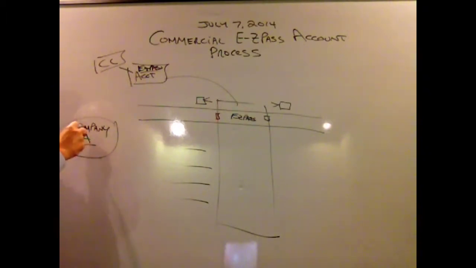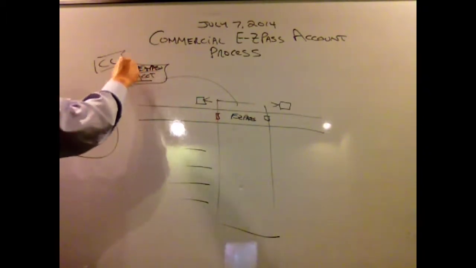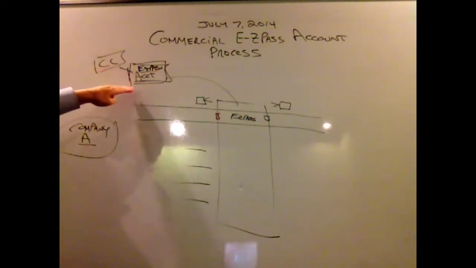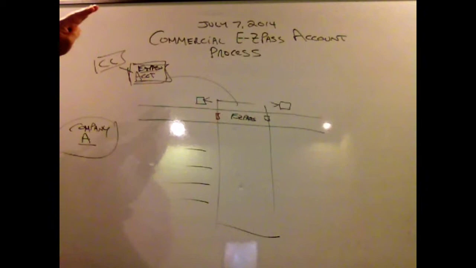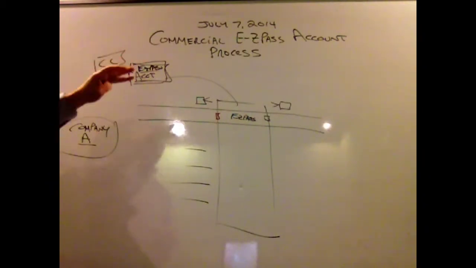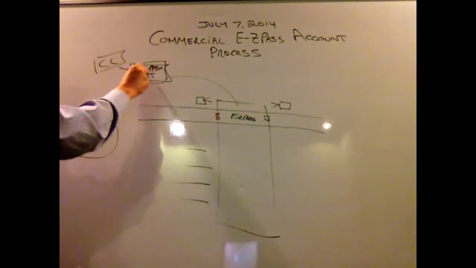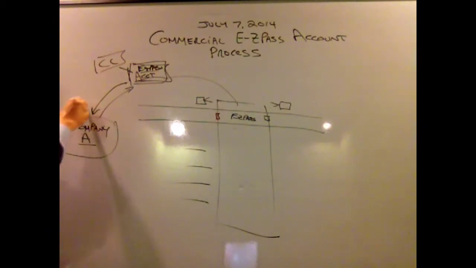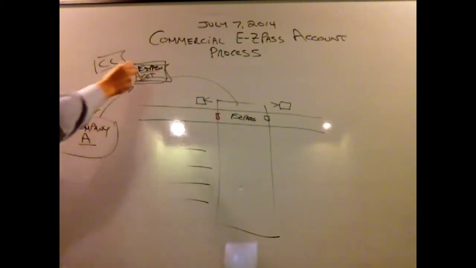So what they can do now with this process is establish an E-ZPass commercial account at any state they want within the E-ZPass region, but the document outlines how to do it within Delaware because we got approval from Delaware and the supplier to do this. So Company A would open up an E-ZPass account. Seven to 10 days later, they would get back an envelope in the mail that would include their E-ZPass number and one transponder. That transponder, they could just put in a safe. Now they have an E-ZPass account.